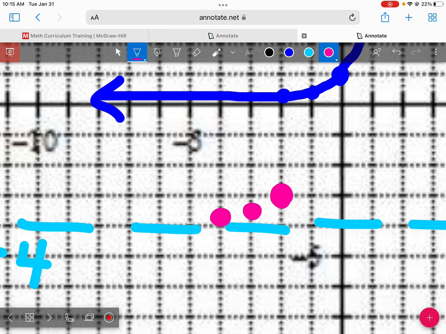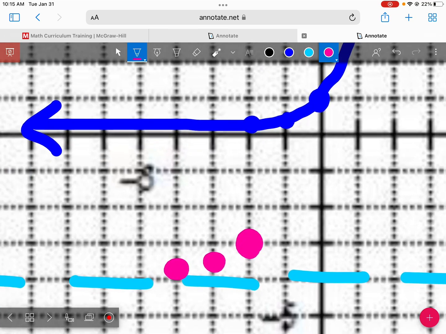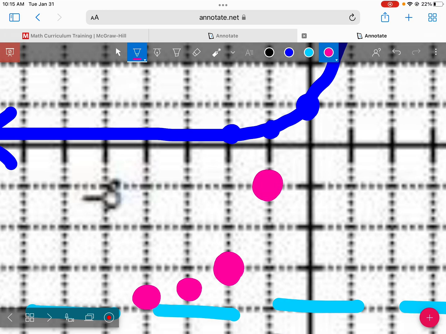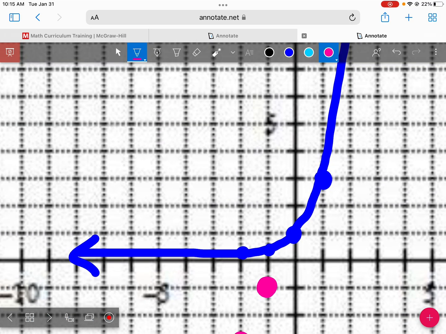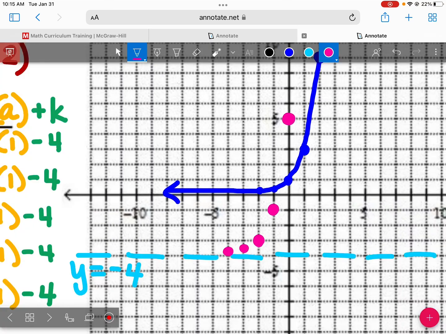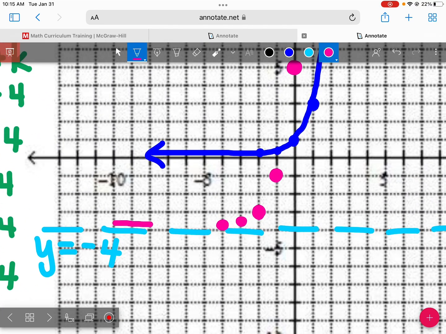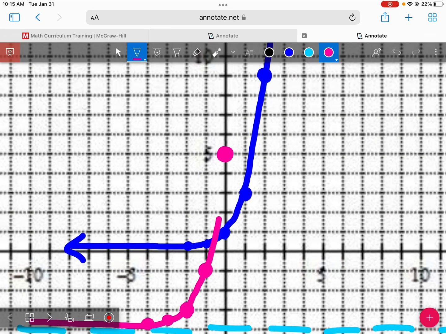Then I have negative 2, negative 3, negative 1, negative 1, and 0, 5. Lays along the asymptote, curves through our points, like this.